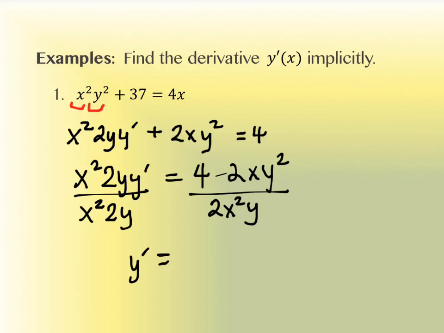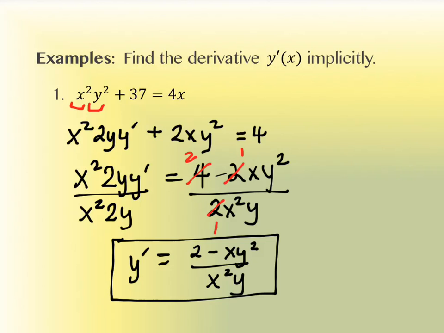Every term has a 2 in it, right? This 4 has a factor of 2, this 2xy squared has a factor of 2, and this 2x squared y has a factor of 2. So we're going to reduce them all by dividing by 2. So this one divided by 2 is 2, this one is 1, and this one is 1. So I end up with 2 minus xy squared over x squared y.